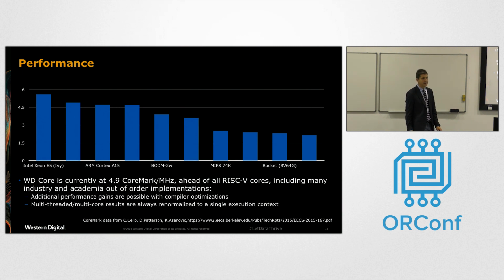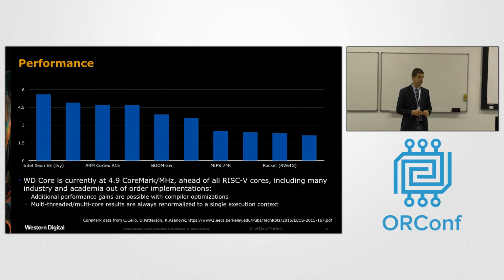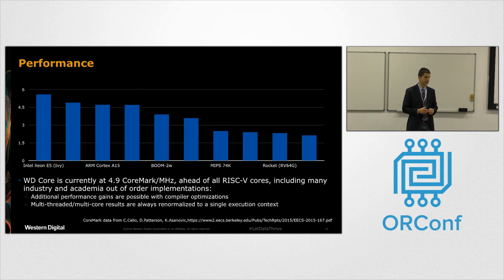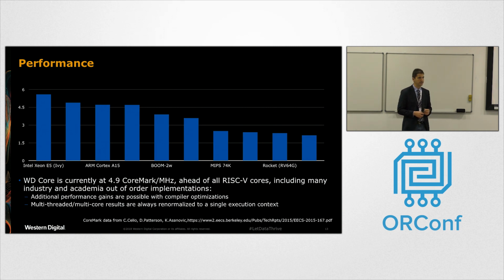One of the reasons why I didn't put it in the chart, but I'm happy to talk about it because we kept these conversations very much in the open, is the efficiency of the current GCC and Clang in generating good code density and using RISC-V compressed instructions, etc. There are some issues there that require work and improvements.